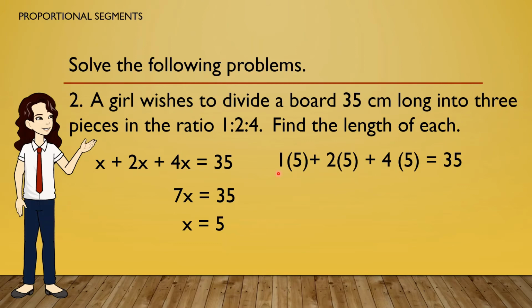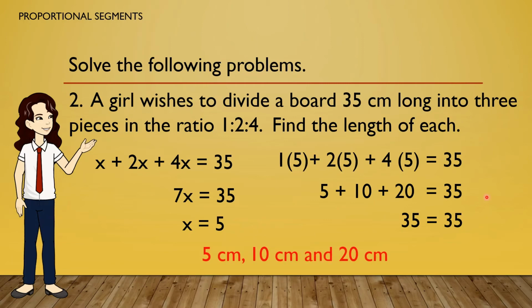So we have 1 times 5 is 5, 2 times 5 is 10, and 4 times 5 is 20. For the total of 35. So 35 is equal to 35. So the answer is 5 centimeters, 10 centimeters, and 20 centimeters.